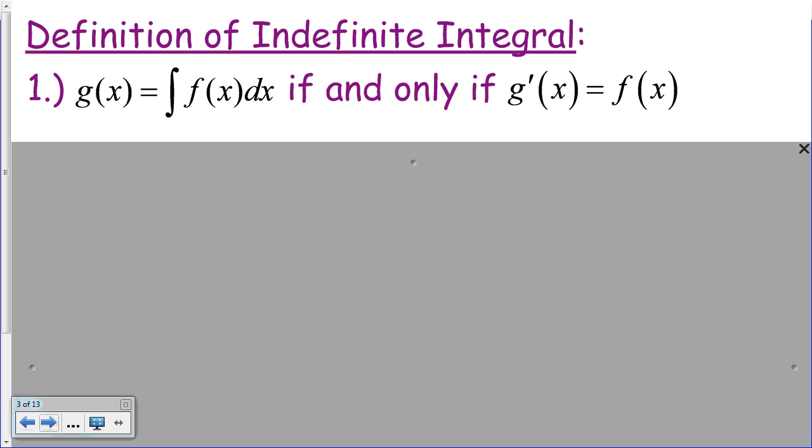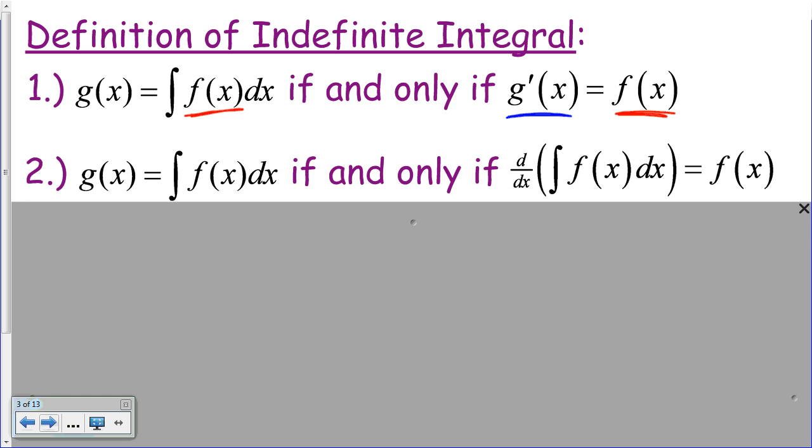If you think you've got the equation that's your antiderivative, g of x, you take the derivative of g and see if you end up with the same function you started with. See if you end up with f of x. That's all that's saying. So we've done this already. The formal definition of an indefinite integral is what we are using as our way to verify that our answer was correct.